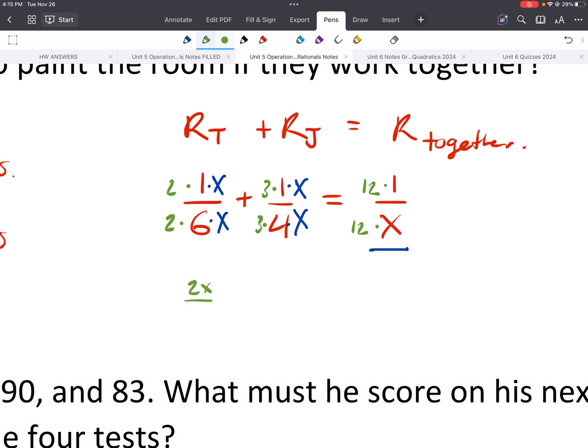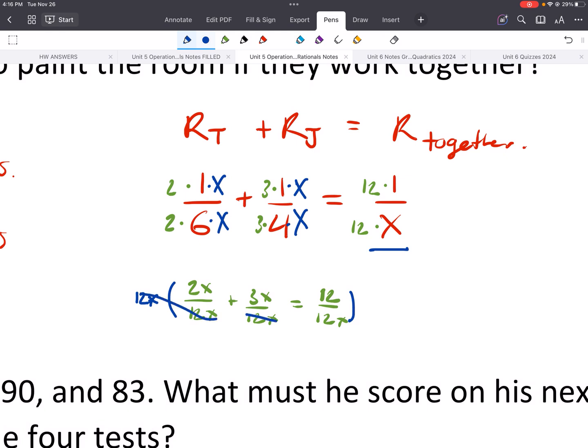So we'll have 2x over 12x plus 3x over 12x equals 12 over 12x. So again, if it's an equation, then we could do anything we want to both sides. We could multiply both sides by 12x.